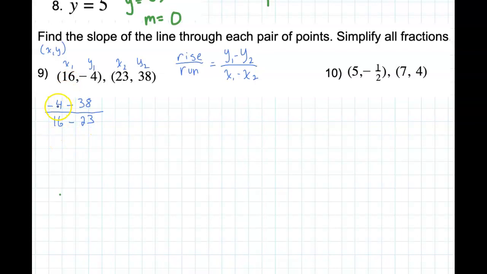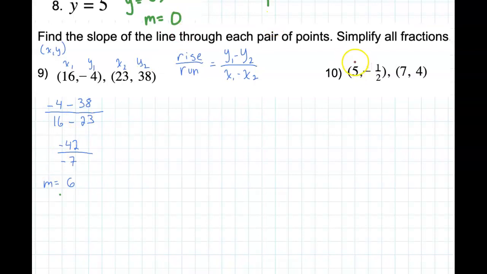Well, this is going to be negative 42. And then here we're going to have -7. Which actually, it's going to be a positive value. 42 divides evenly by 7. So that's just going to equal 6. So m is equal to 6. That wasn't too bad.